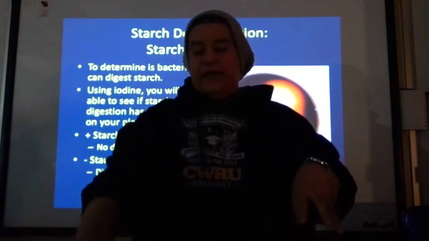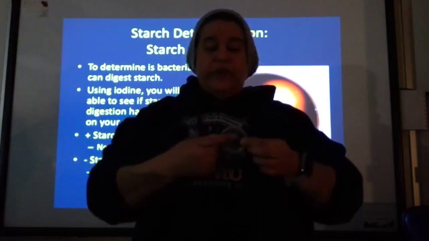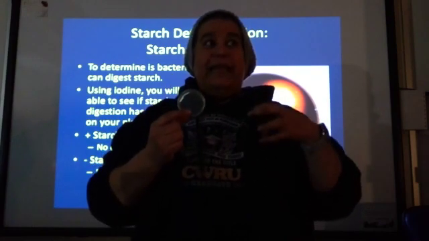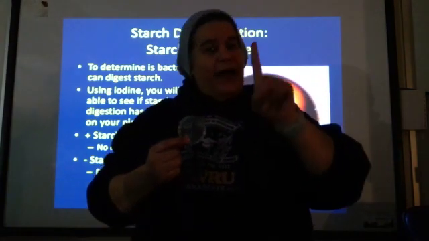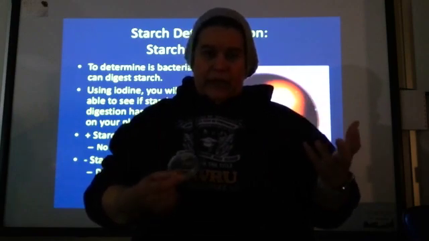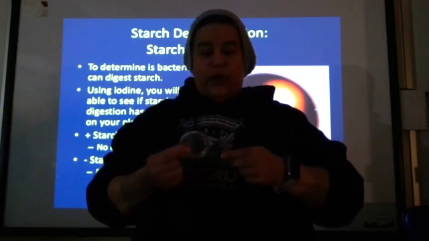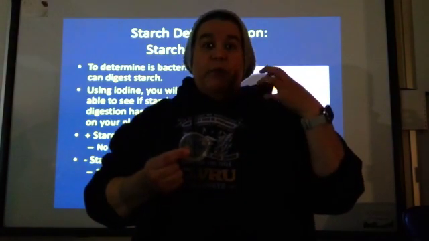If you've got bacteria on a plate and you put iodine on it, if there is no starch digestion, the plate turns black. However, what color is iodine? It's kind of an amber brown, right? If there is starch digestion next to where your sample is, it'll turn a brown color.